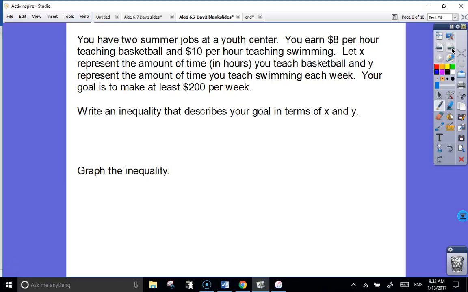Well, it's greater than or equal to $200, right? Now, the other side of it is 8x plus 10y. So that's the inequality that describes all the possibilities of you teaching basketball and swimming. Why do you get more for teaching swimming? Because it's dangerous, I guess.